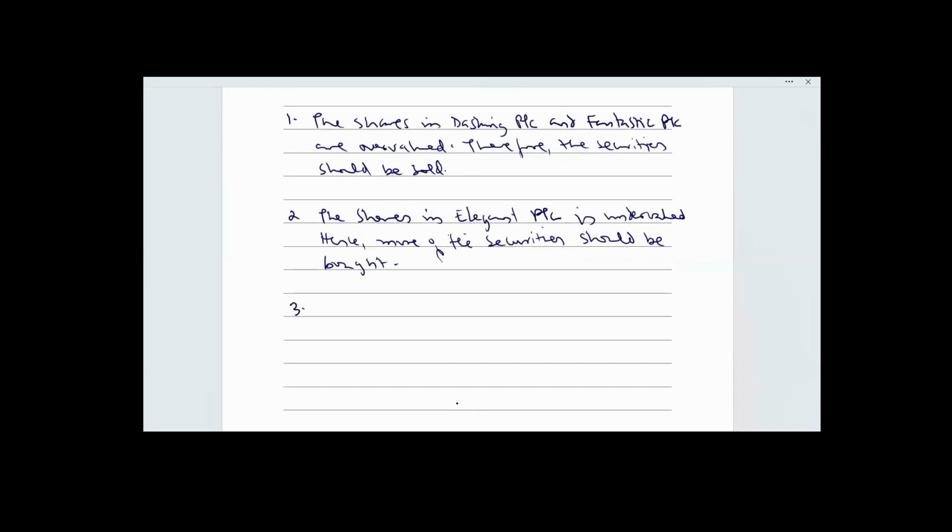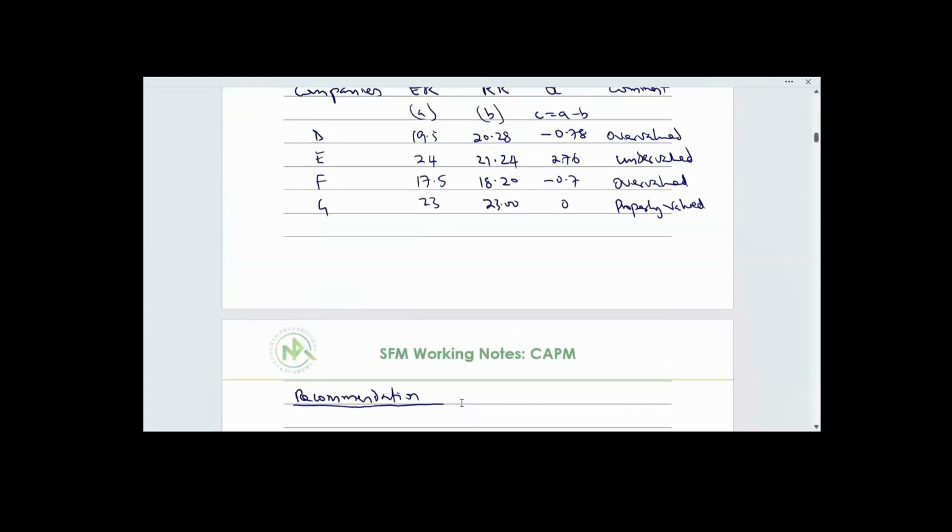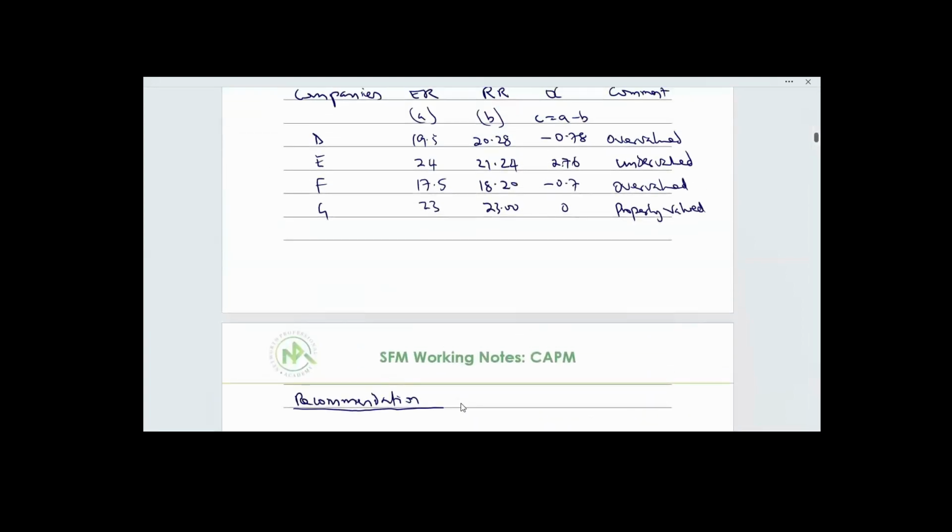Number three. What's the name of the third one? G. What is G? G is Godi PLC.